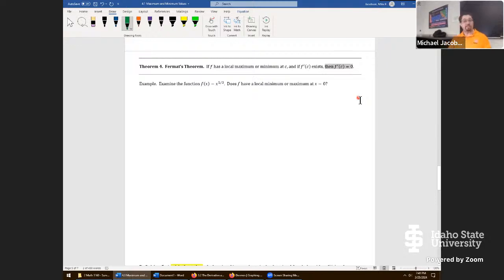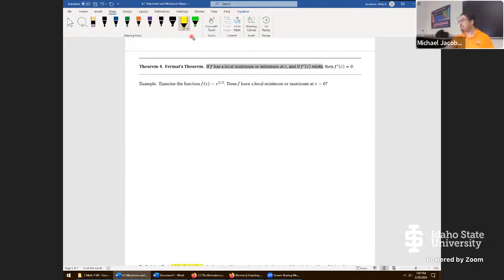The derivative f prime at c is equal to 0, or it could be something where the derivative might not even exist. But first, Fermat's theorem itself says, if f has a local maximum or minimum at c, and if it turns out the derivative does exist, it must be the case that the derivative is 0 right away.